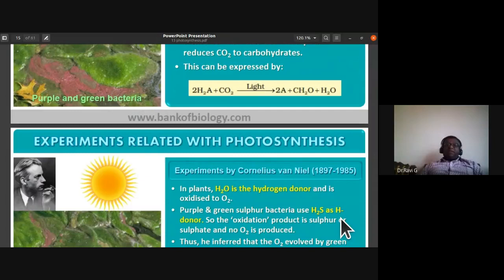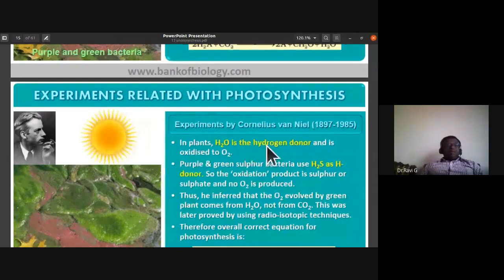In plants, water is the hydrogen donor and it is oxidized to oxygen. Purple and green sulfur bacteria use hydrogen sulfide as a hydrogen donor. The oxidation product is sulfur or sulfate, and no oxygen is produced in these purple and green sulfur bacteria. So that is what you notice.